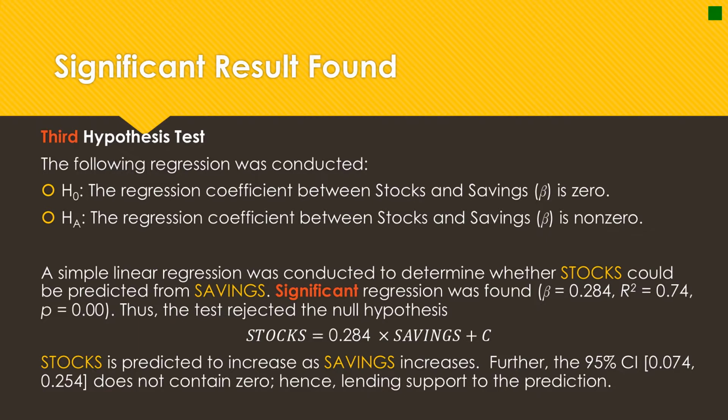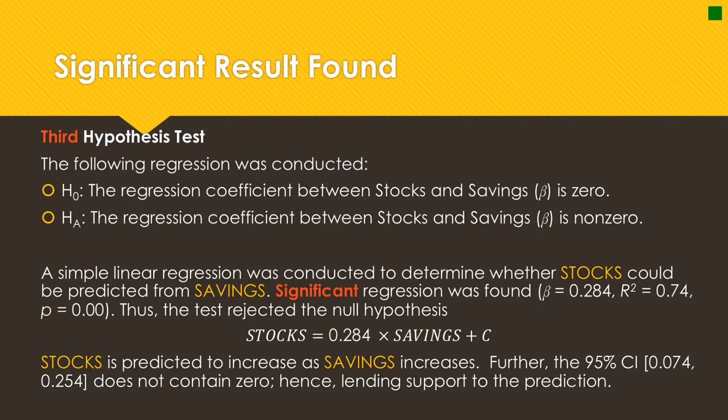So we will say that the 95% confidence interval of the coefficient, 0.074 to 0.254, doesn't contain 0, which means we are going to reject our null hypothesis and accept our alternative hypothesis. The regression coefficient between stocks and savings is non-zero.